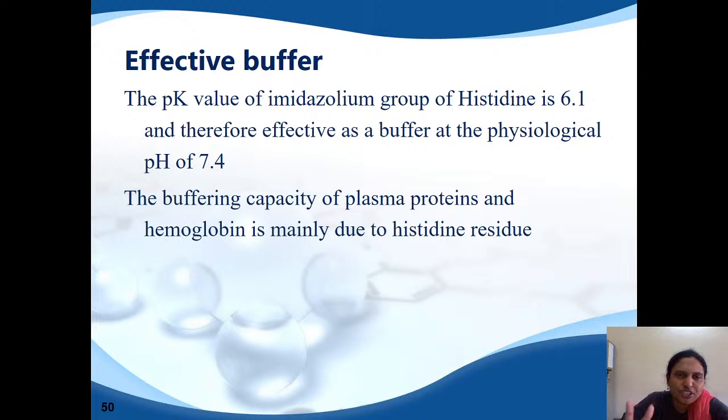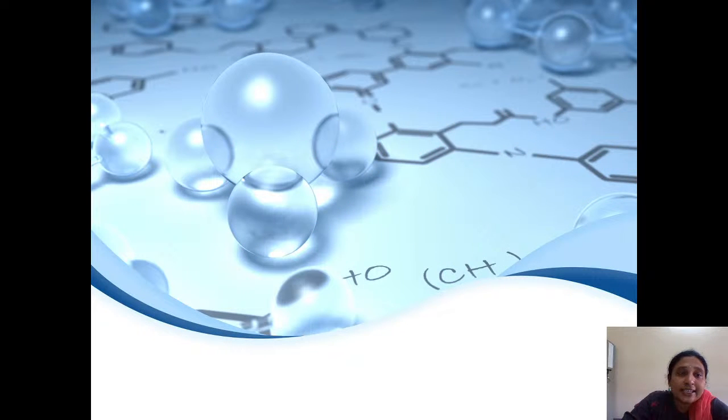The acid strength of a weak acid may be expressed in terms of its acid dissociation constant, that is pKa. Please note down, pKa is the acid dissociation constant.